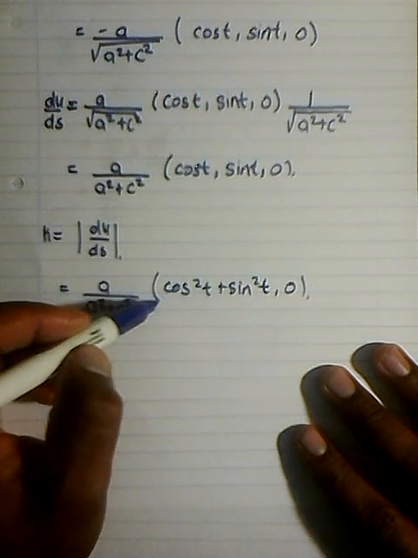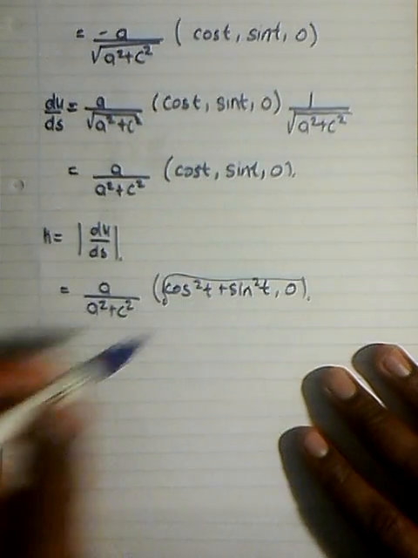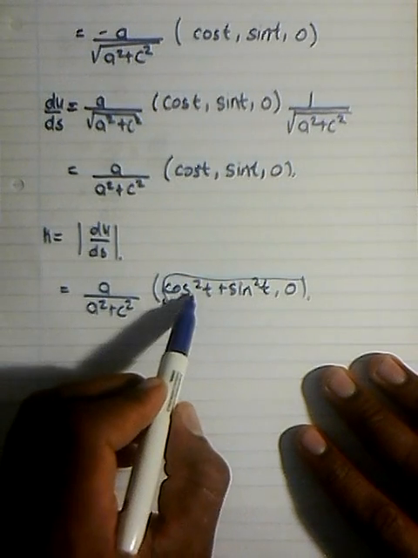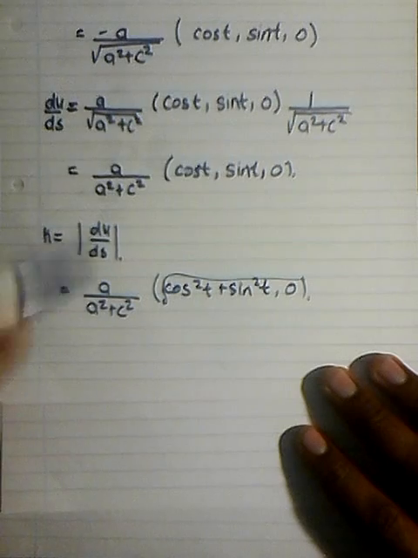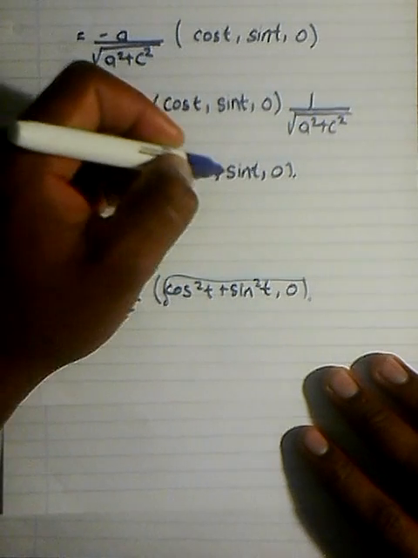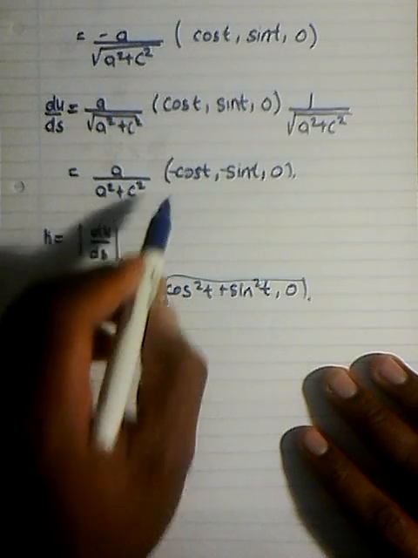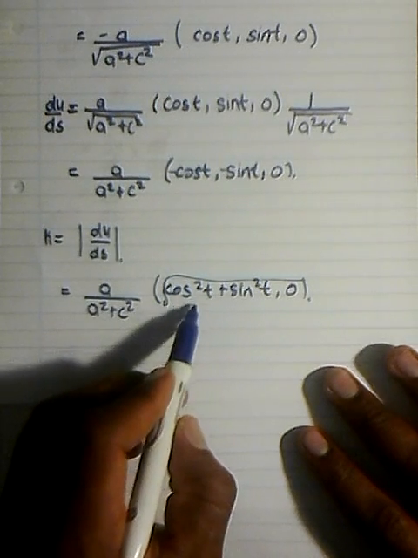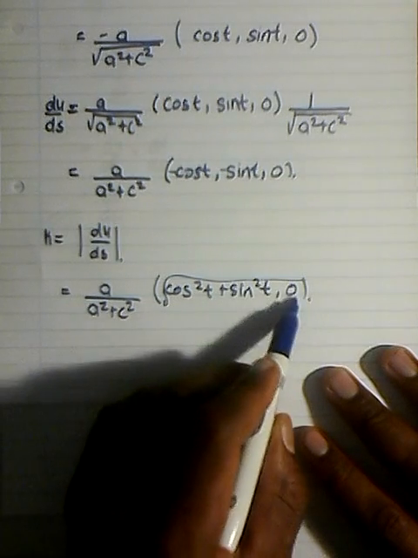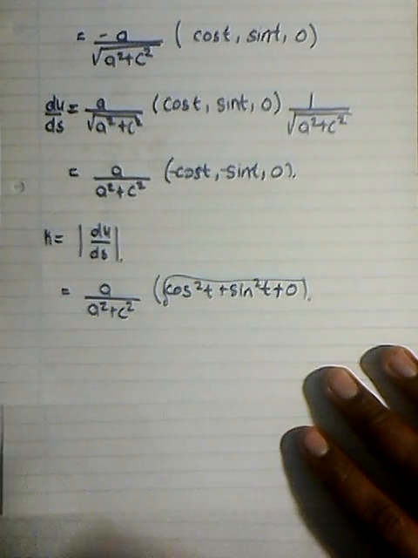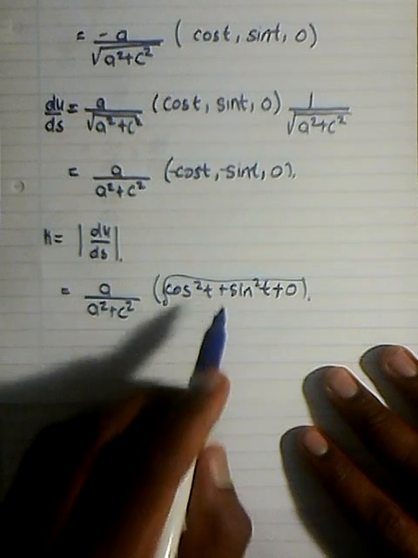Remember, for the magnitude we need to take the square root of that. There should be a minus here, but when we square that, the minus will disappear, so we have cos squared t plus sine squared t plus 0, which is 1.